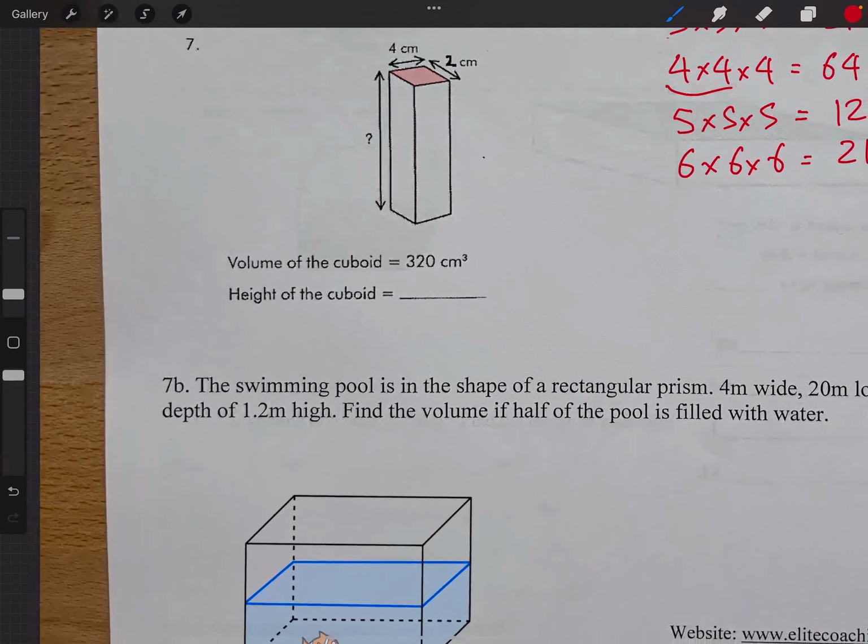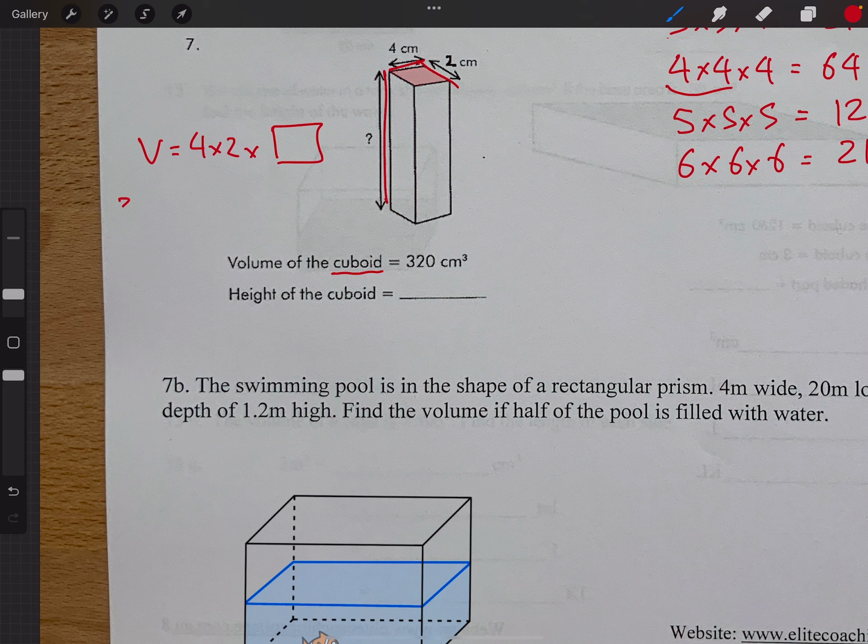Question 7. The volume of the cuboid, or another word for rectangular prism, is 320 centimeters cubed. So find the height. So we know that the volume is equal to the length times the width times the height. So 4 times 2 times something.